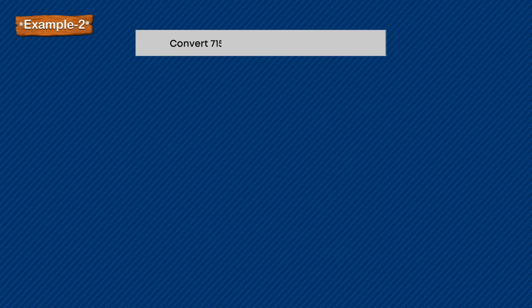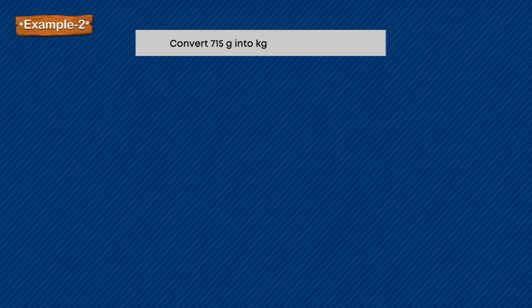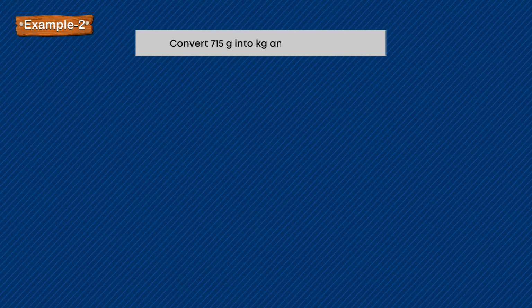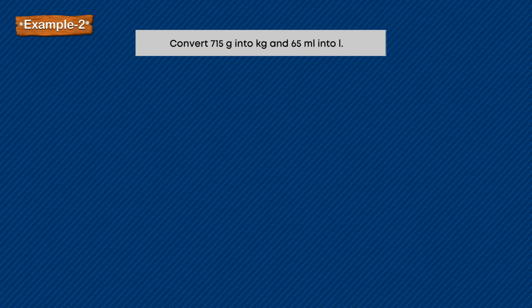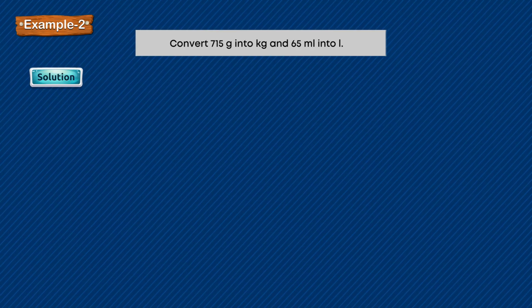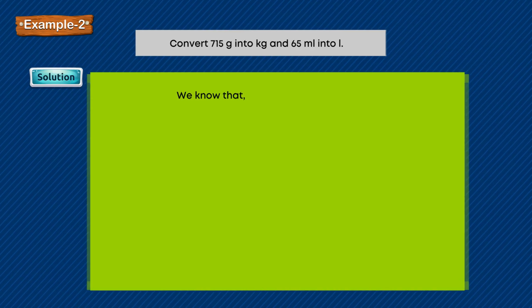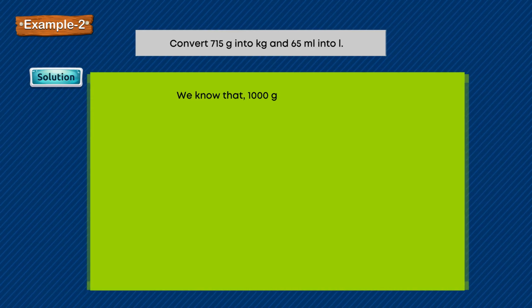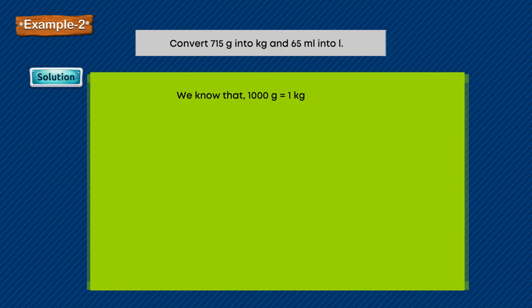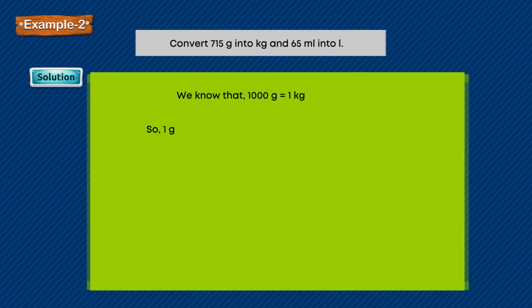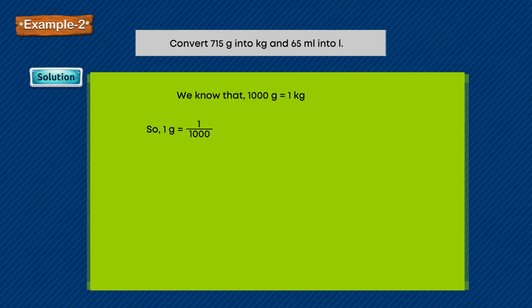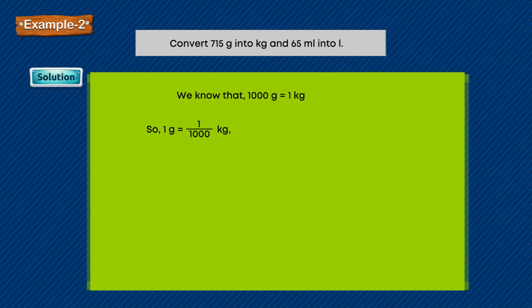Example 2. Convert 715 grams into kilograms and 65 milliliters into liters. Solution. We know that 1000 grams is equal to 1 kilogram. So, 1 gram is equal to 1 by 1000 kilogram.